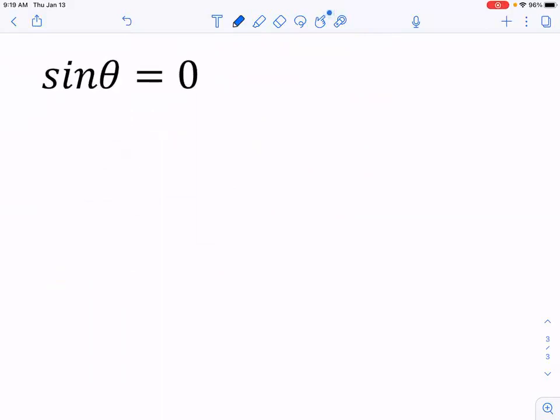All right, the sine of theta equals 0. Okay, so we need to think about where the y coordinate is 0.